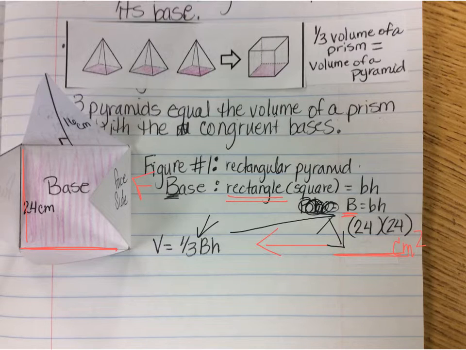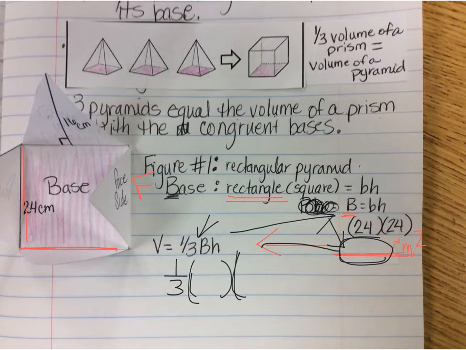So you should have 1/3 times whatever you got here. That goes for capital B, times the height of the pyramid.